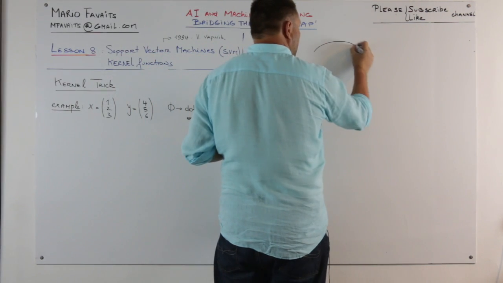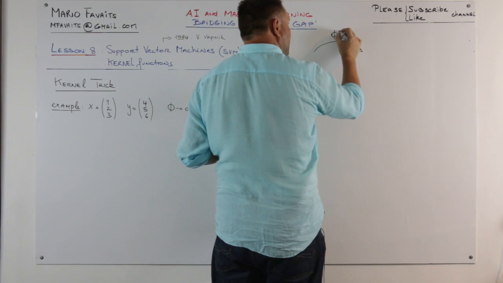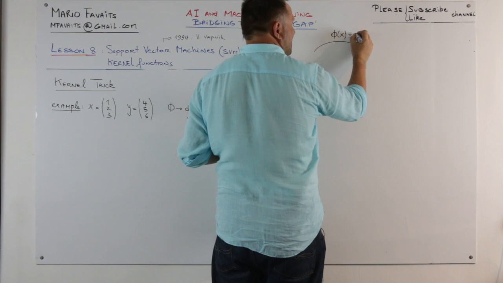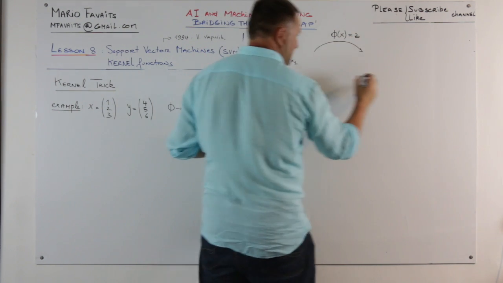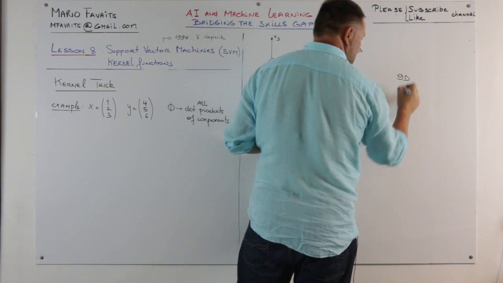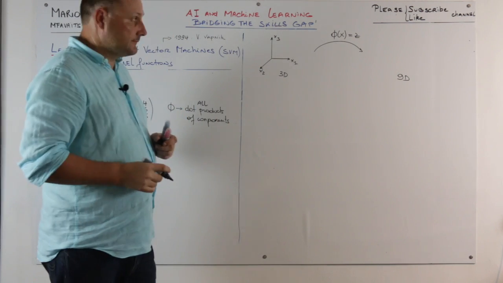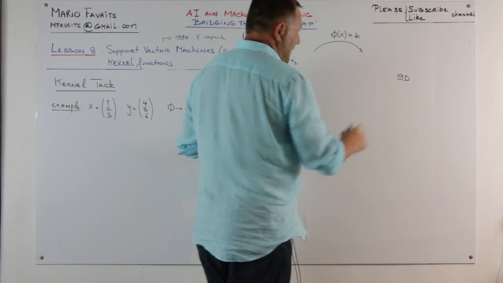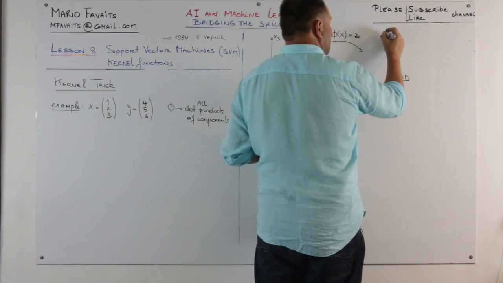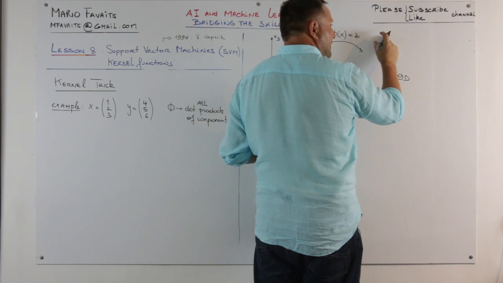We will apply a phi of x, which we can call z, and we go from 3D to 9D. How do I get to 9D? Well, we take all the possible dot products of the components.